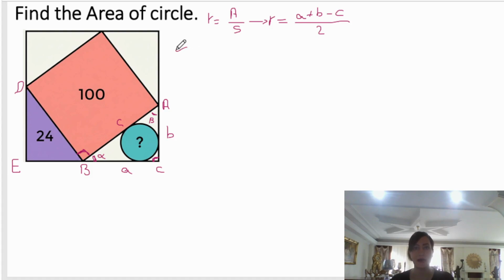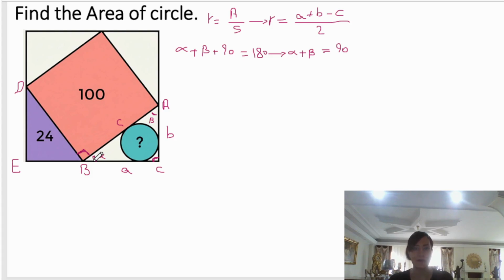So alpha plus beta plus C, which is 90, equals 180. So I will get alpha plus beta, if I bring this 90 to the right side, equals 90. So alpha and beta are complementary, okay? That means these two angles always add up to 90.